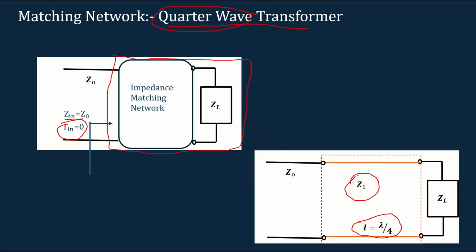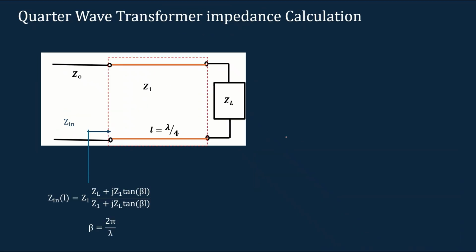It is very essential to understand this impedance because it plays an important role in impedance matching. So let's see how we can calculate the impedance of this quarter wave transformer, or what it should be to provide the impedance matching.